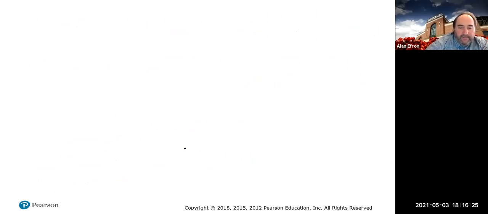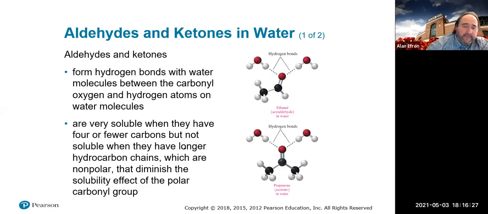Then let's talk a little bit about some of the properties of our aldehydes and ketones when they're in water. Remember that as we talked about, that carbon-oxygen carbonyl group is a polar group. The oxygen being more negative, the carbon there actually being more positive.